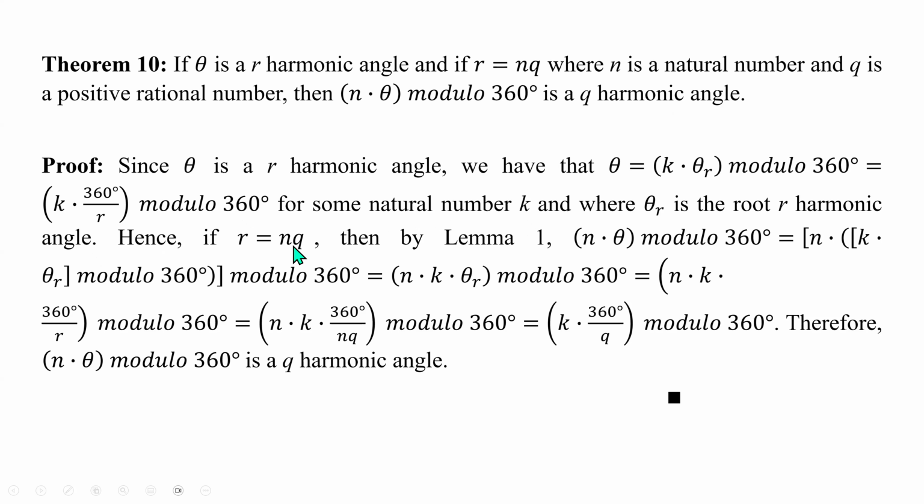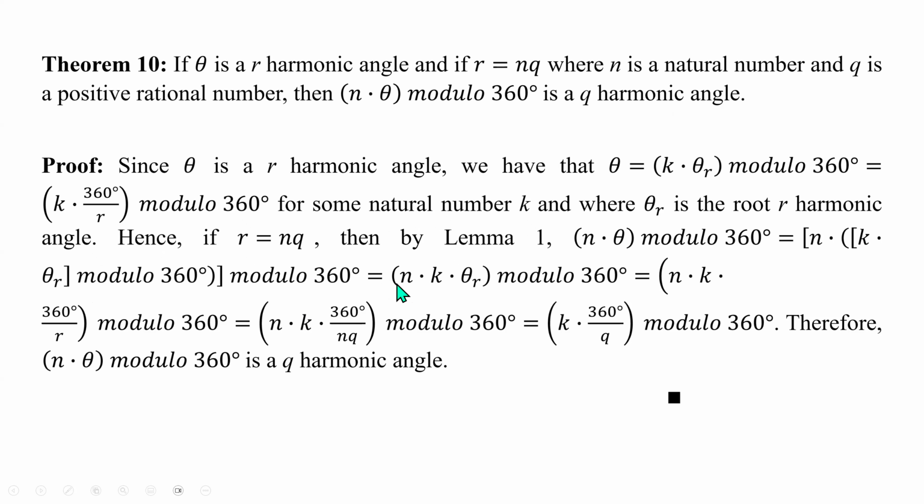Hence, if r equals n times q, then by lemma 1, n times theta modulo 360 degrees is equal to n times k times theta sub r modulo 360 degrees, and then that whole thing in brackets modulo 360 degrees.